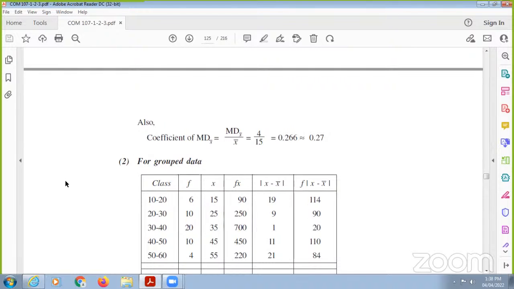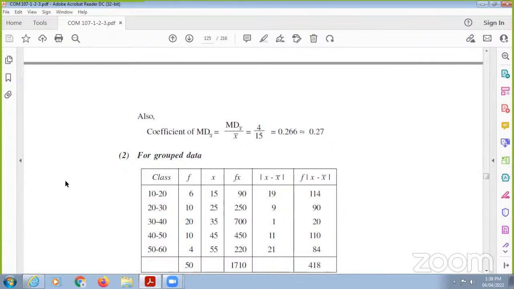Then in the fourth column, you will find the multiplication of the second and third column. 6 multiplied by 15 is equal to 90. Then 25 multiplied by 10, 250. 35 multiplied by 20, 700. 45 multiplied by 10, 450. And 55 multiplied by 4, 220.